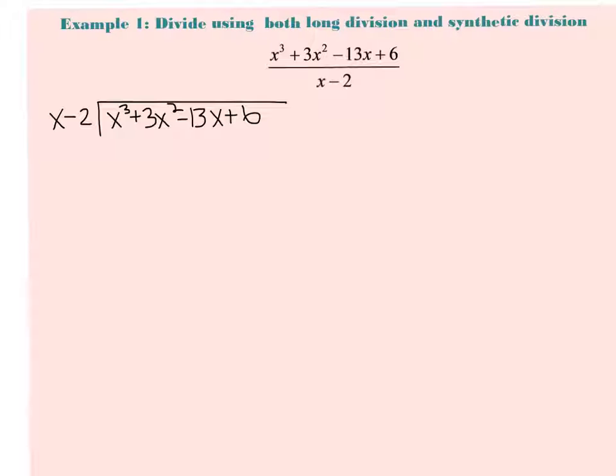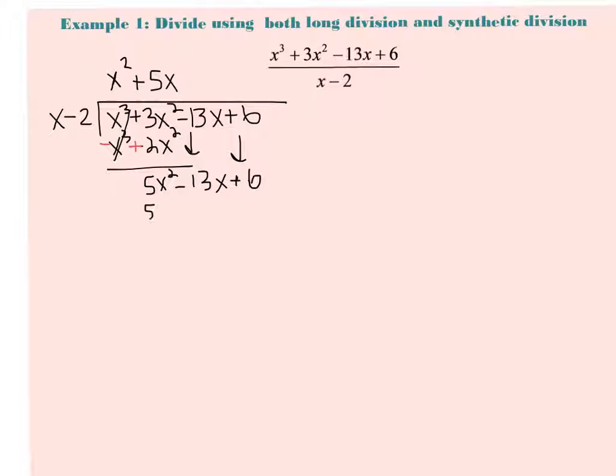So I know x squared times x will give me x cubed minus 2x squared. Then we're going to be subtracting, so this is minus, this is plus, and I'll be left with 5x squared, bringing down the rest, negative 13x plus 6. So that means I need to multiply by 5x now.